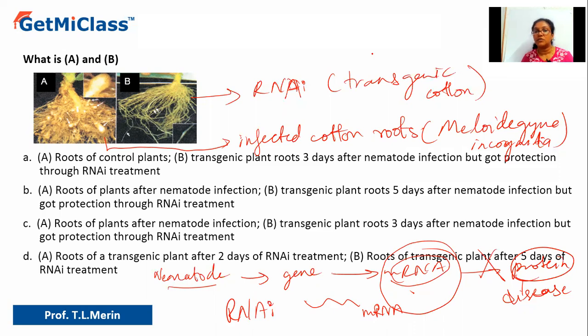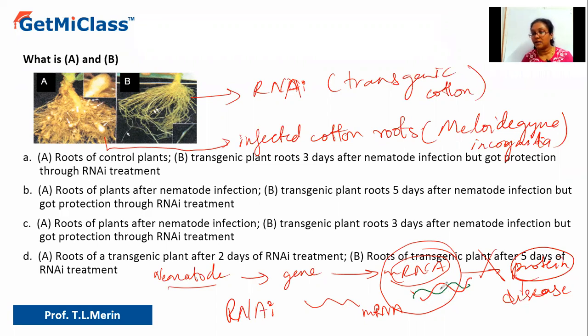Why? Suppose this is the nematode mRNA, and we have introduced the gene for the complementary strand of this nematode mRNA. What will happen? This mRNA will form a double-stranded mRNA along with the nematode mRNA.